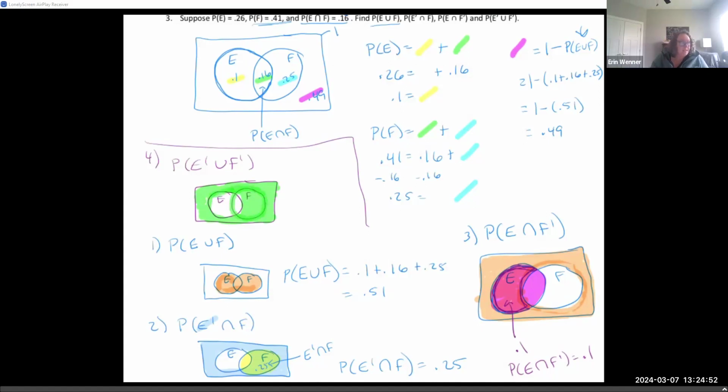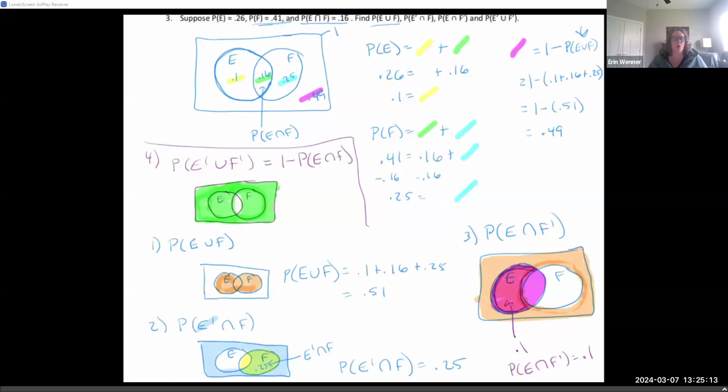Okay, so what that tells us is that E complement union F complement, because the only piece that's not covered is that intersection, is equal to 1 minus the probability of E intersect F, which is an identity.